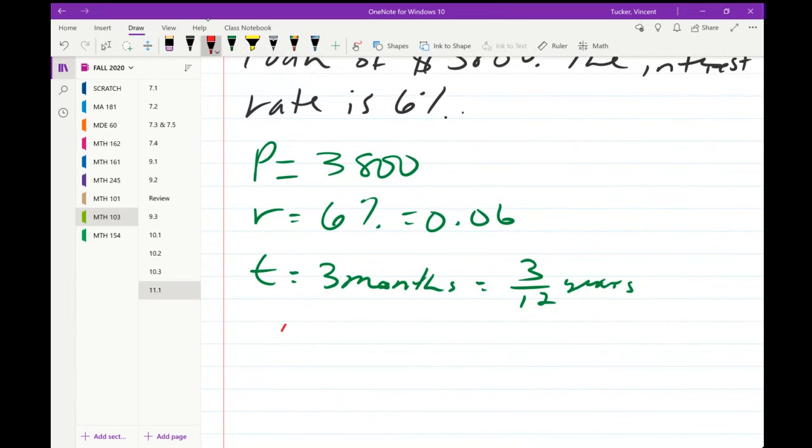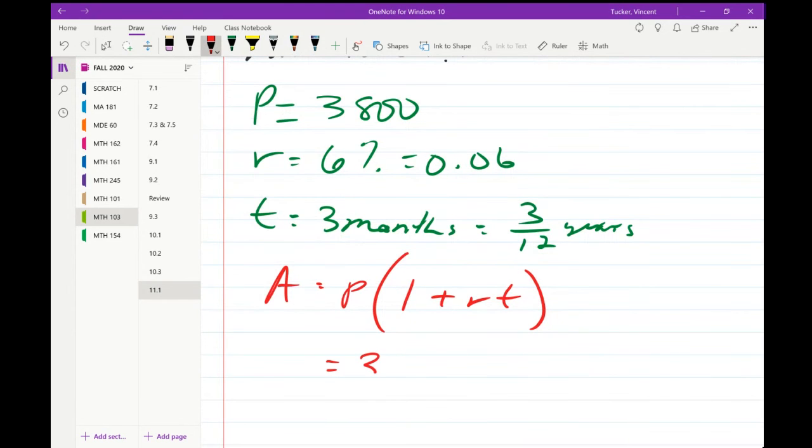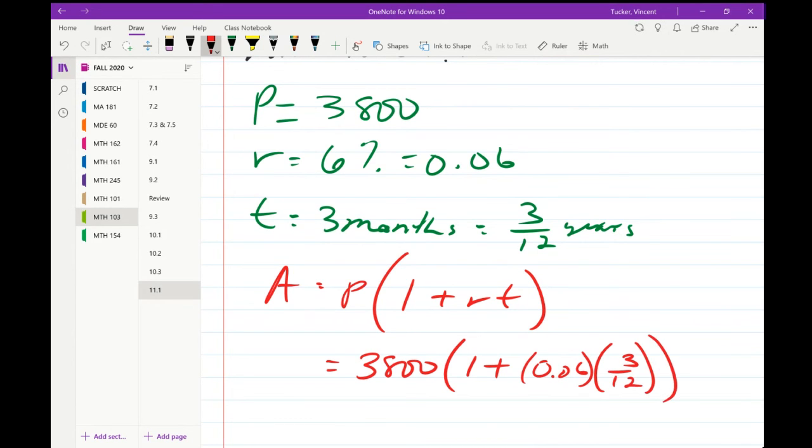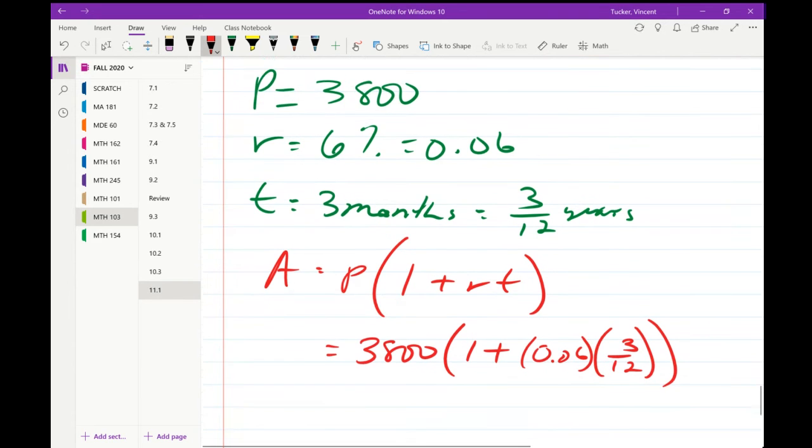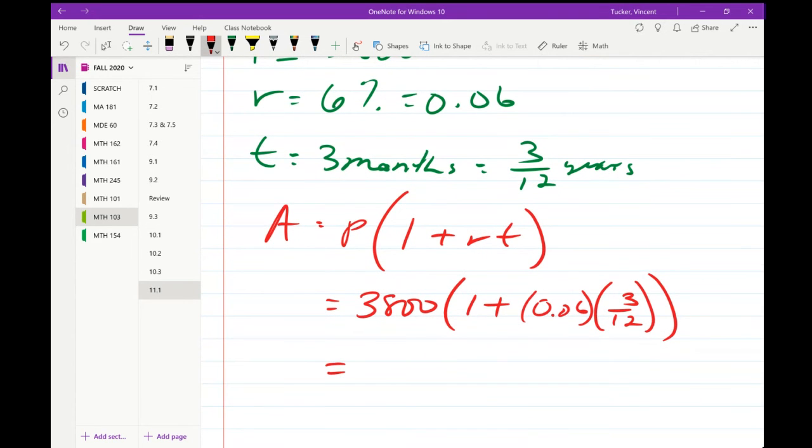So I will use the other formula. Like I said, it's your choice. If you want to calculate the interest first, then add it to your principal, or use this relationship, P times 1 plus RT. So that's 3,800 times 1 plus 0.06 times 3 over 12. If you have a calculator that you can put it all in like this, you could.